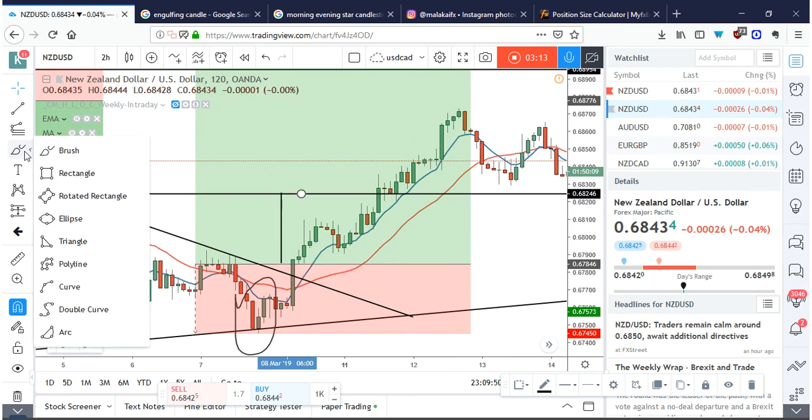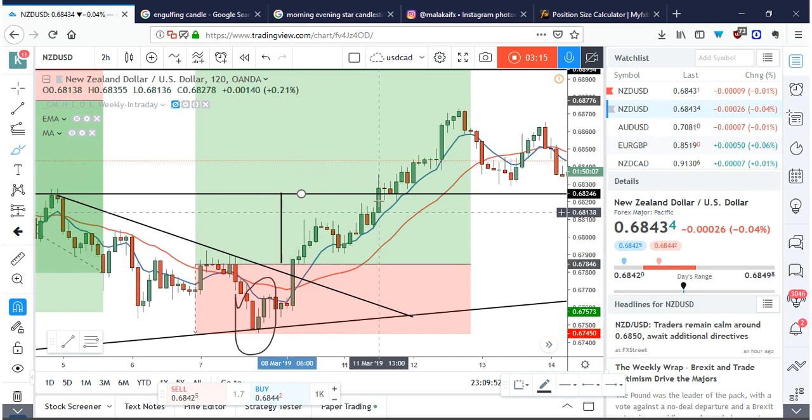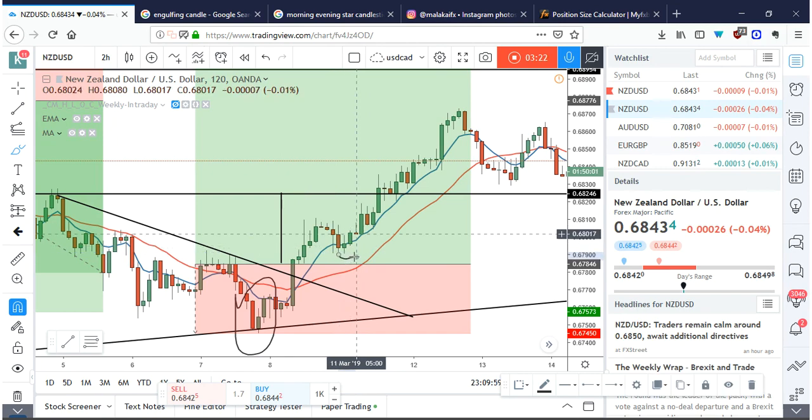So if I take this brush, it closed above on the 2 hour, and I want to put my stop 8 pips to 5 pips below this. So that's going to be the first stop. Then you're going to wait for price to break the next higher high. It hasn't made any higher highs until here.